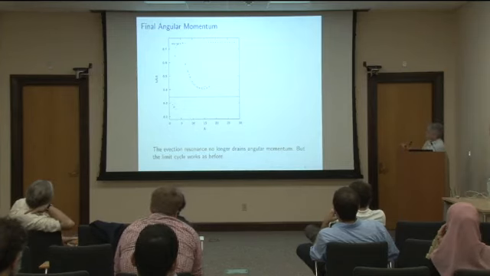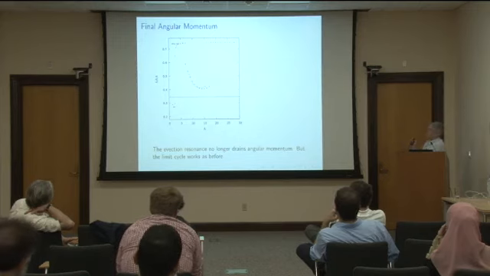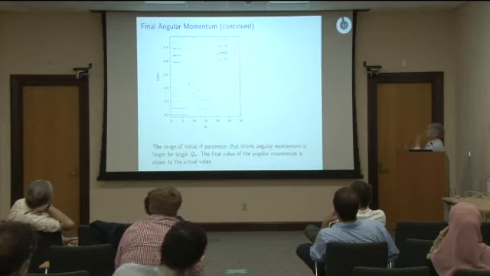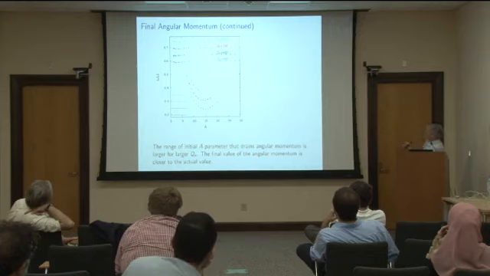It's a little bit too high, but remember we haven't included tides from the sun, which withdraw angular momentum. And we also haven't studied a wide range of parameters. So here's one study of parameters. This is for different values of the Q of the Earth. This is the curve you get, and each one is displaced.